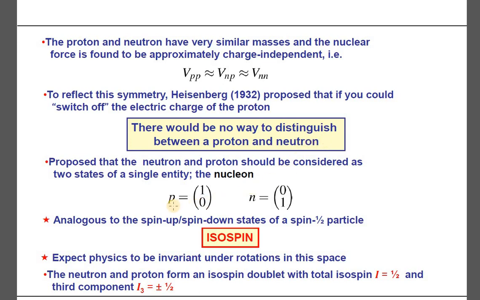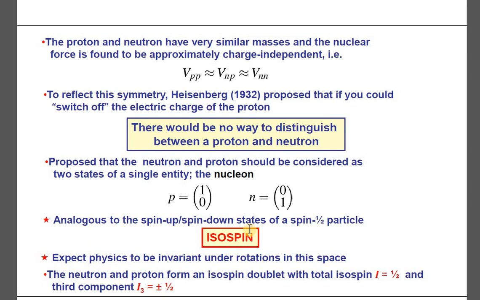And so we have this simple way of representing the proton and neutron by a 2-column matrix (1 0) and (0 1), which is very much analogous to the spin up and spin down states of a spin half particle.